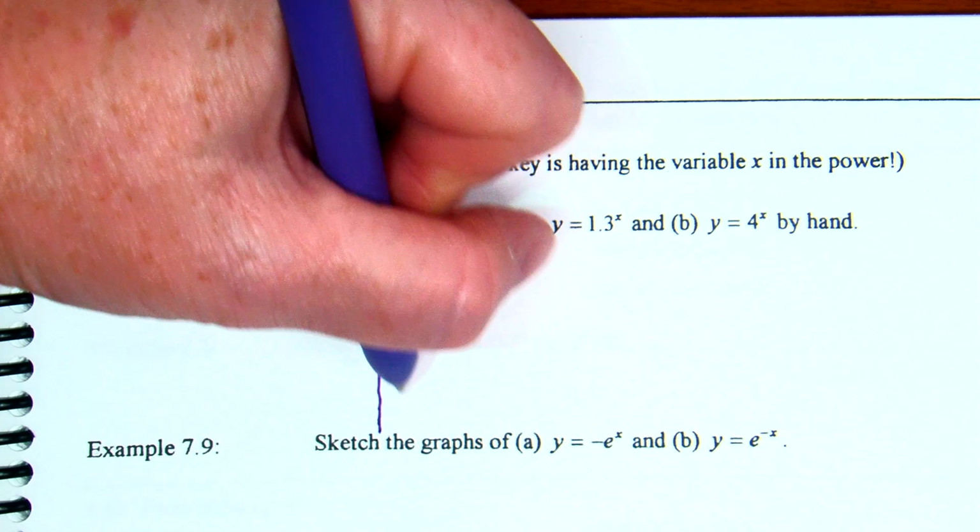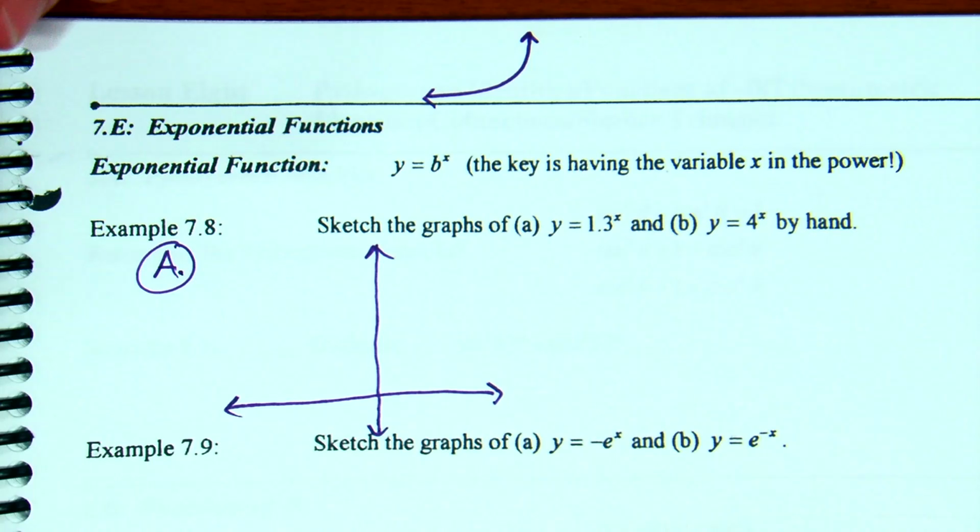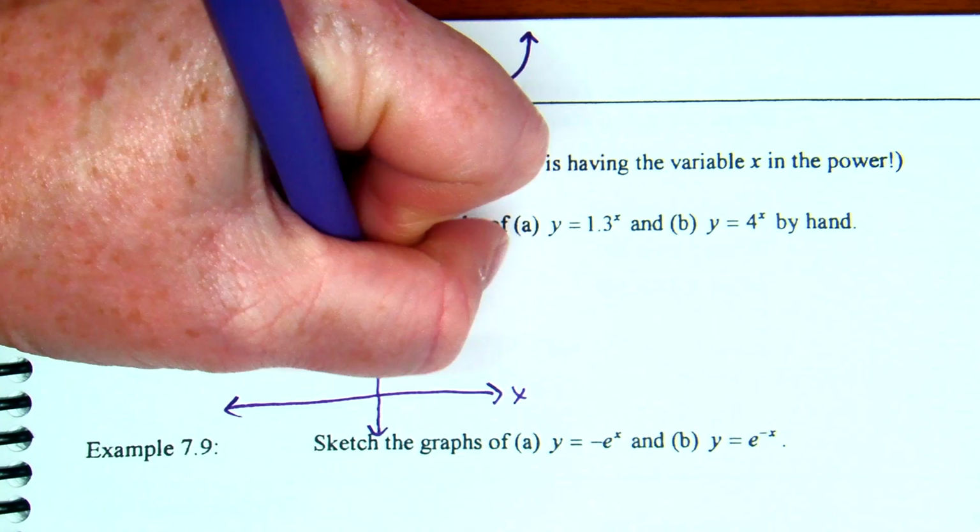If we're just doing this by hand, we know the shape is like this one right here, yes? Which means a traditional exponential graph with no fancy things is always going to go through the point 0, 1. Because you put 0 into the exponent, anything raised to the 0 power is one. Now, what's another easy point to find here, especially if we're doing this by hand?